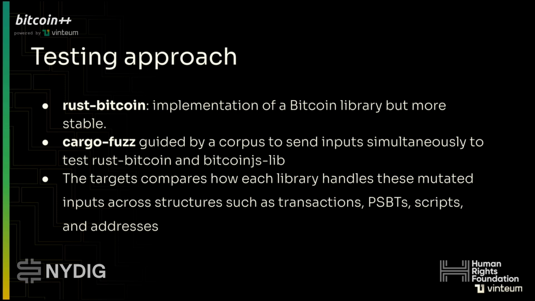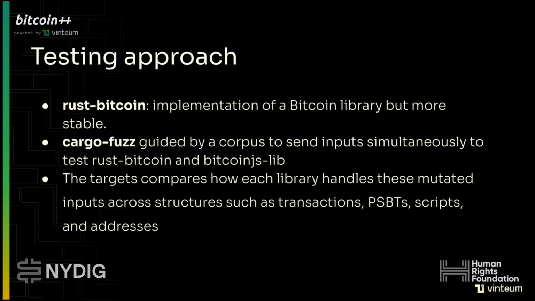The BitcoinJS lib is a lib focused on validation and consensus on Bitcoin, like validating and serializing transactions, validating PSBT, and so on. And I chose a library with a similar purpose to apply differential fuzzing, comparing these two libraries.